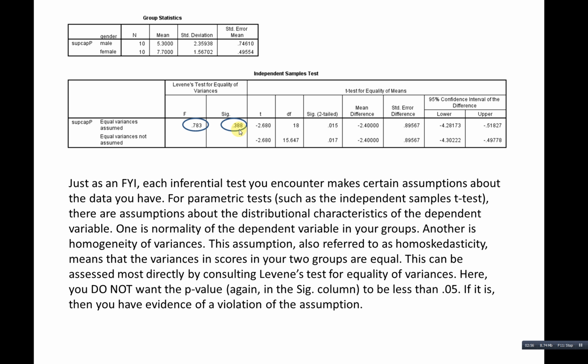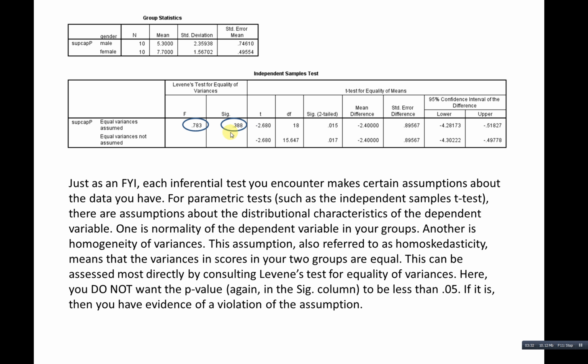If it does not appear to be met, then you have to decide on an alternate strategy, because the violation of homogeneity of variances could lead to an inflation in type 1 or type 2 errors, meaning that you may find yourself rejecting the null hypothesis when you shouldn't, or you end up maintaining the null when you shouldn't as well. So if, based on these results, there appears to be no violation, then you would simply interpret this first row of information in your SPSS output.